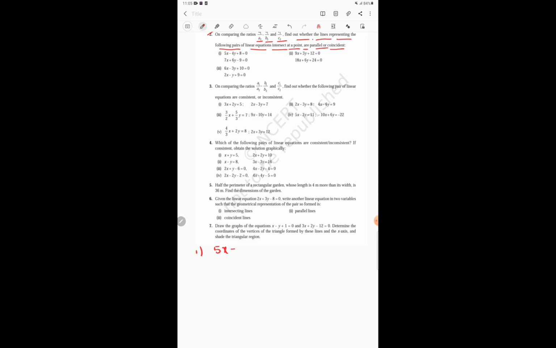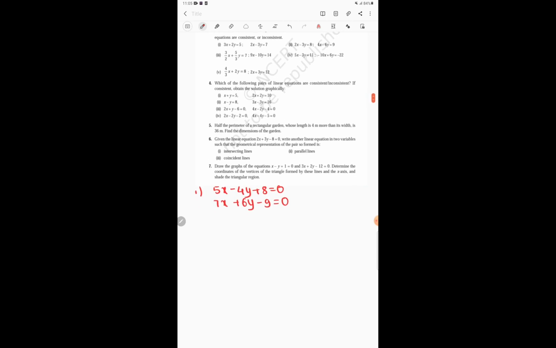5x minus 4y plus 8 is equal to 0. The second is 7x plus 6y minus 9 is equal to 0.